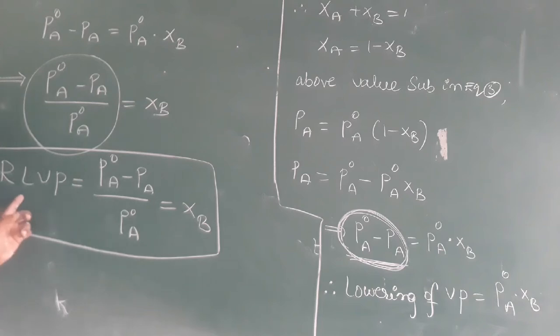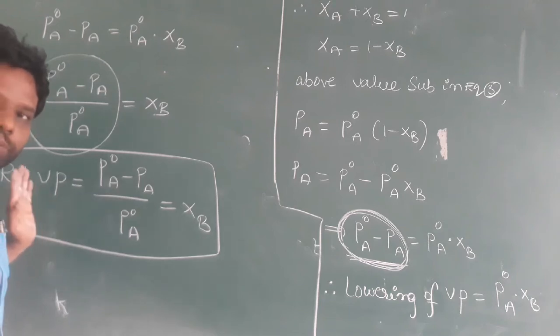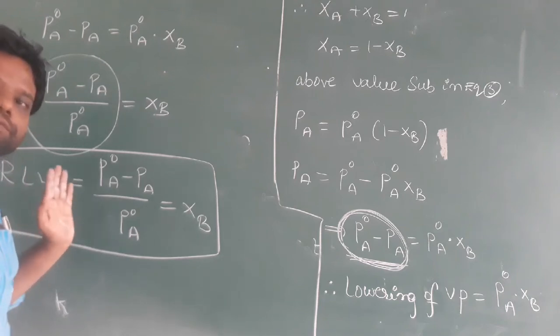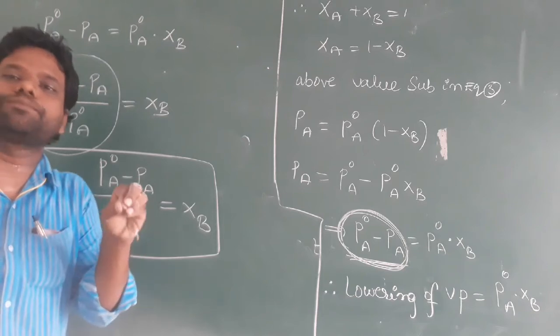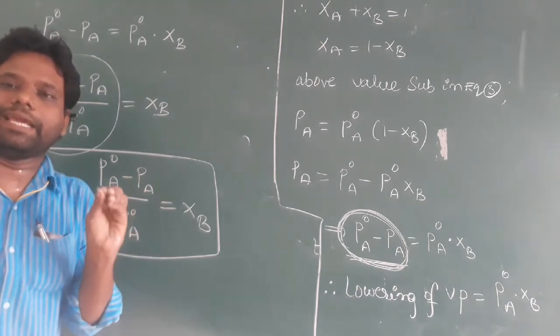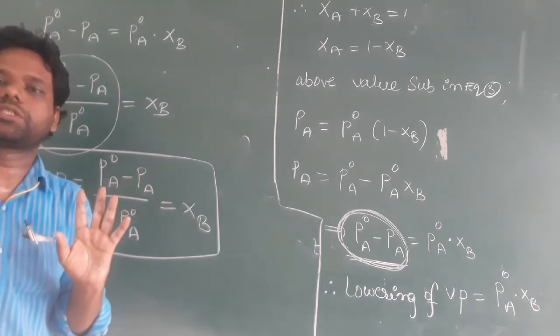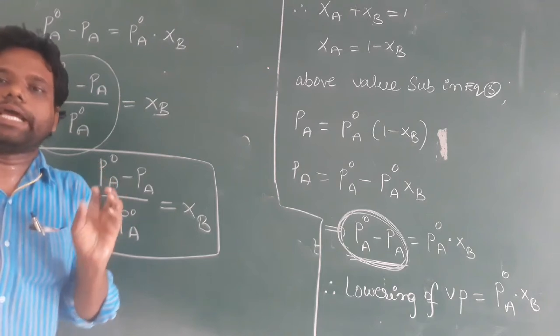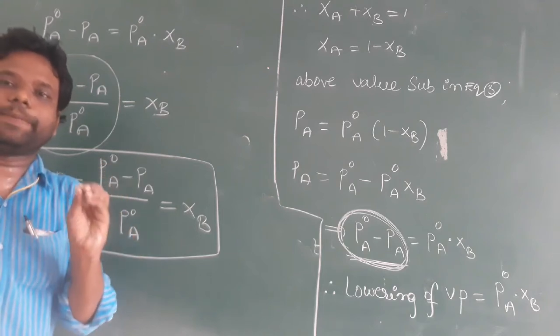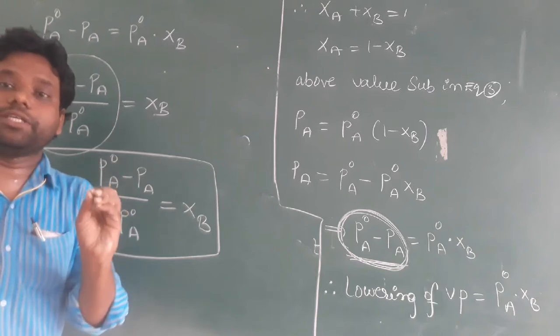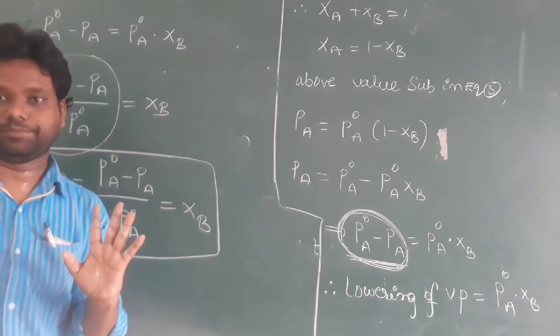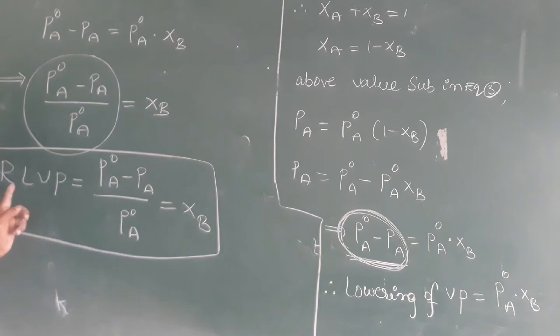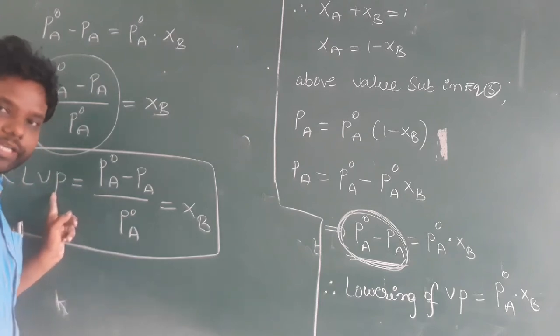The relative lowering of vapor pressure is one of the colligative properties. So this is nothing but relative lowering of vapor pressure being one of the colligative properties.